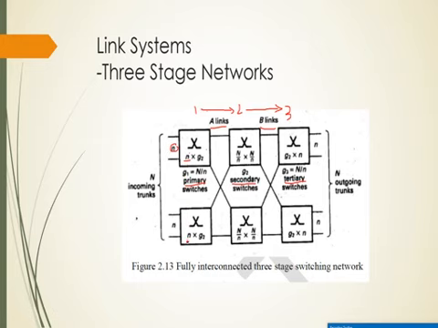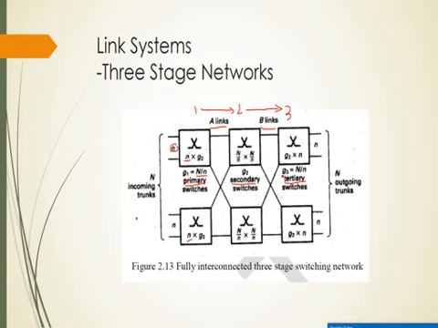Then how many primary switches are required? I have N incoming trunks which have to be distributed as n inlets to each of the primary switches. Therefore I would require N by n primary switches, which is identified by G1.